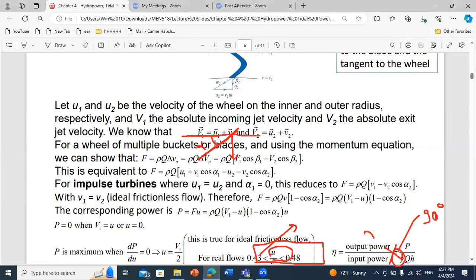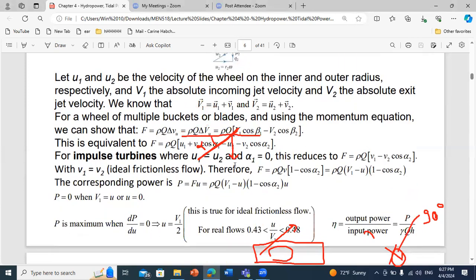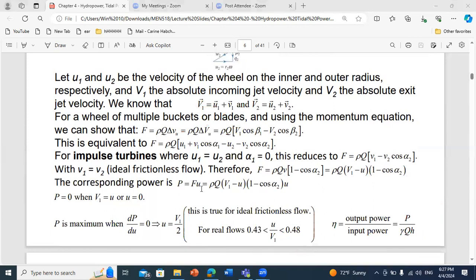Okay, so now we have that, as we said, we can find the value of the corresponding power. Now, how to get your power? You know that the power is the force times the velocity. So this is how you can get the power that can be extracted. And your force, now we found the expression of the force.